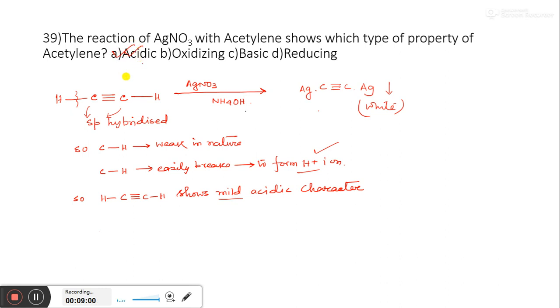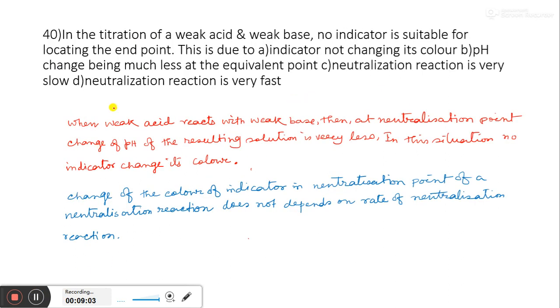The next question of NTSE 2020 chemistry is: in the titration of a weak acid and a weak base, no indicator is suitable for locating the endpoint. This is due to the indicator not changing its color. Option B, pH change being massless at the equivalent point.